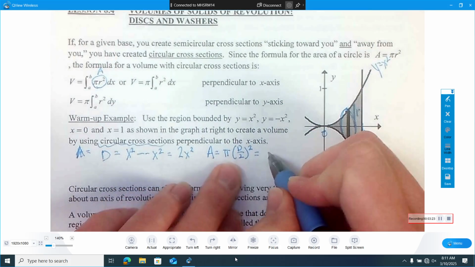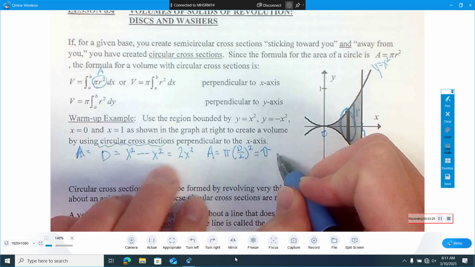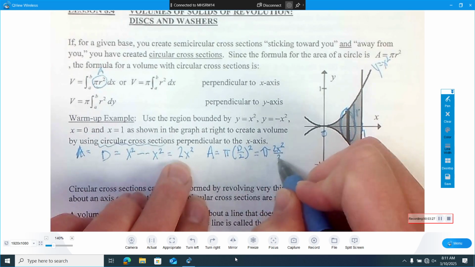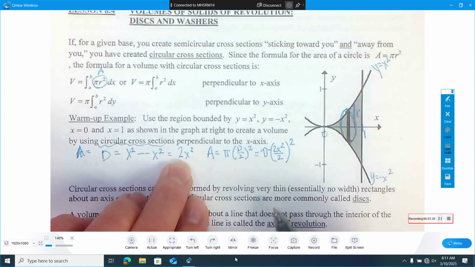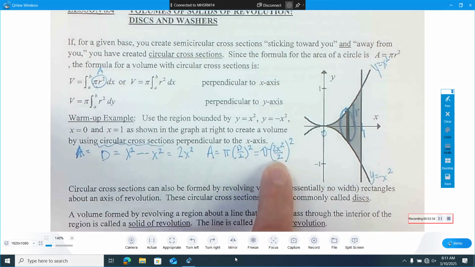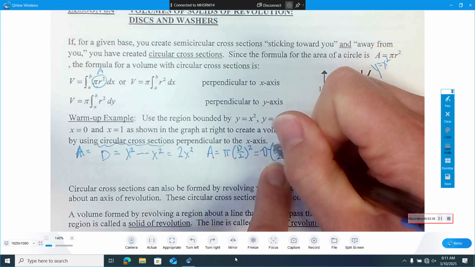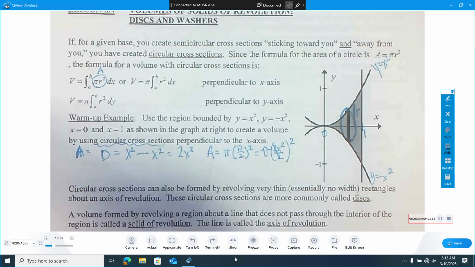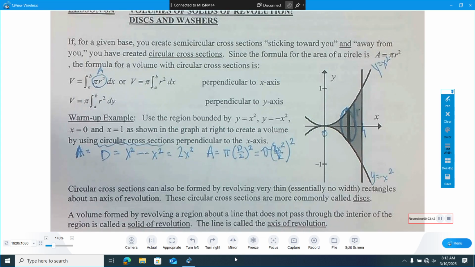That would be pi times 2x squared over 2, and then we square that. So there's our area, diameter divided by 2, that would give us the radius. Those 2's, of course, cancel out. Kind of nice. There's our little area, our circle shape that we've figured out.